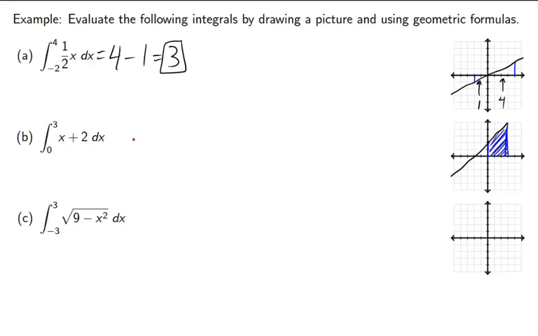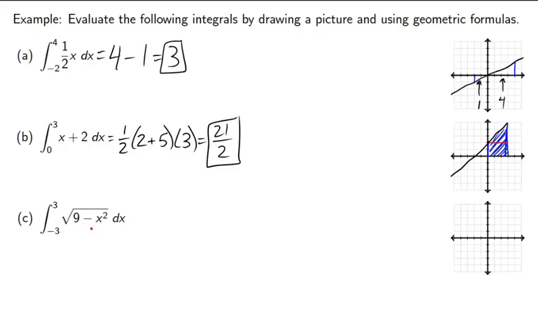A trapezoid, you might recall, has an area of 1/2 sum of the bases, which is 2 and 5, times the height, which would be 3. And I get 21 over 2 when I calculate that. Now you may also, if you'd like, calculate the area of this triangle and this rectangle and add those two together to also get the answer of 21 over 2.